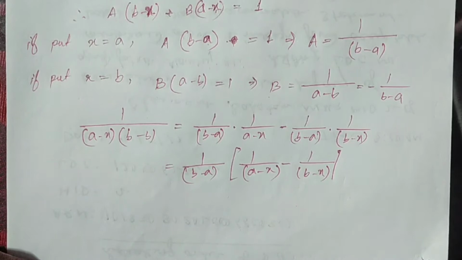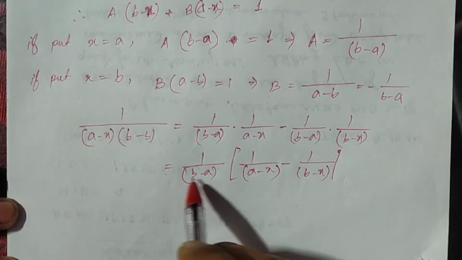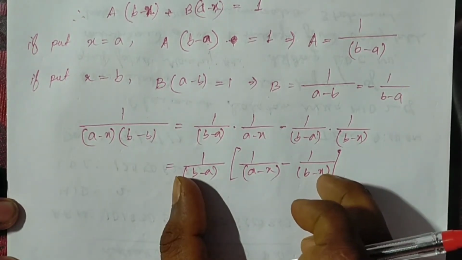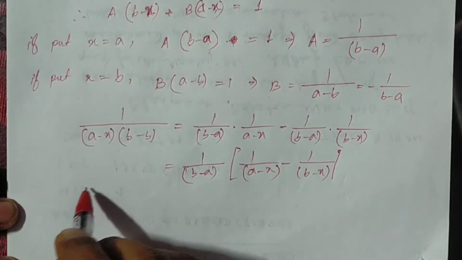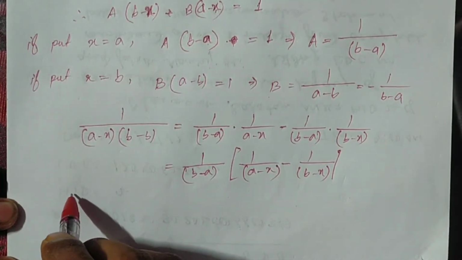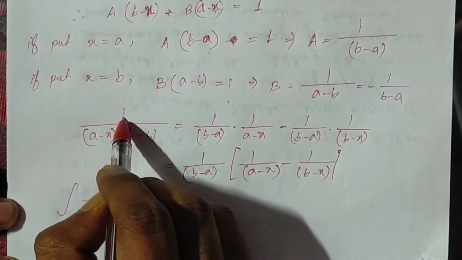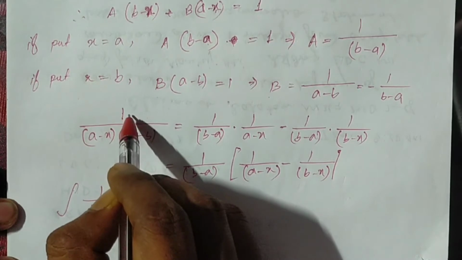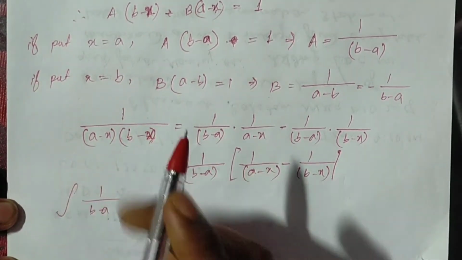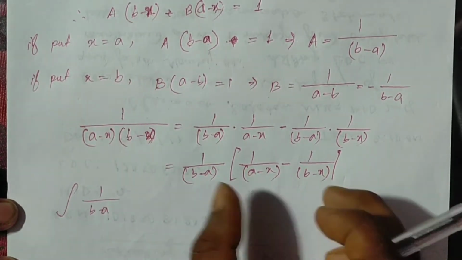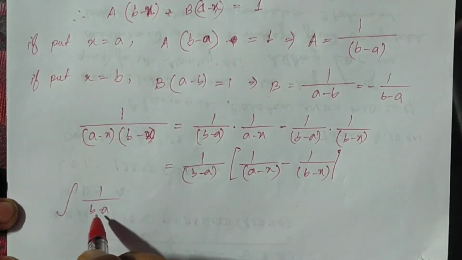Okay, next we are going to put this whole part in the integration step. So here it was integration of dx by (a minus x)(b minus x), so instead of that part, we will put this value here.